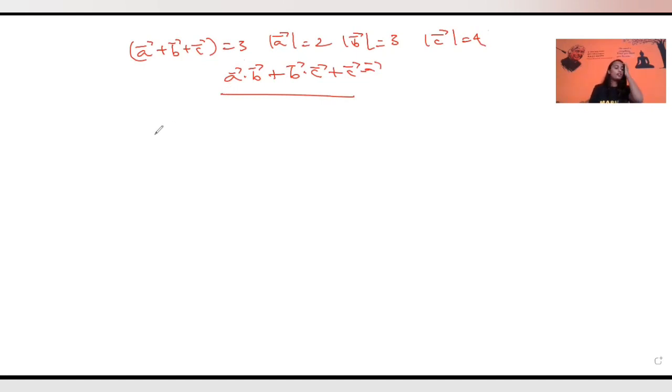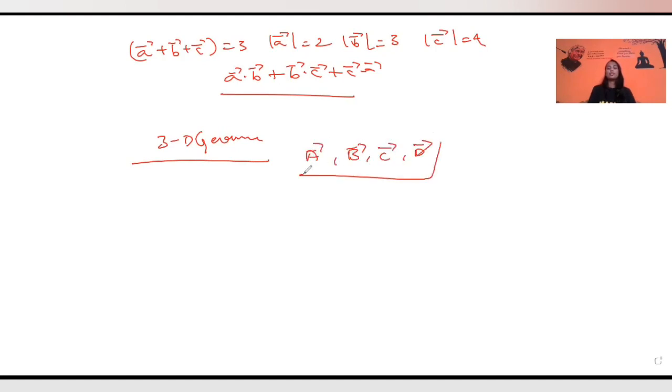When it comes to 3D geometry, you will be getting 2 questions from this, and they ask to check coplanarity. For example, they'll give you 4 vectors, vector a, vector b, vector c and vector d, and they'll ask you to show that all these 4 vectors lie on the same plane, or they may ask to check the coplanarity of these 4 vectors.